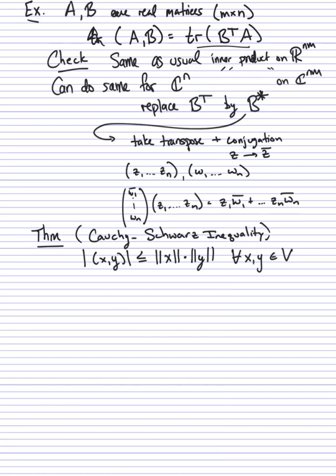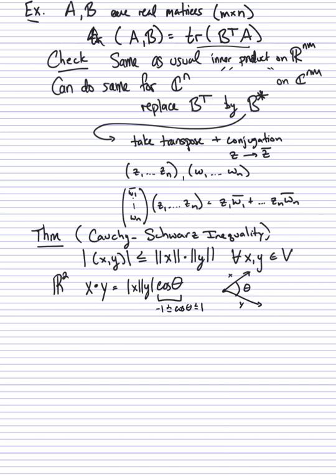You might have seen this before in R2 or R3 if you've seen the dot product. At least in R2, it's known that the dot product is the norm of x times the norm of y times cosine theta, where theta is the angle between the two vectors. All this is saying is that cosine theta is sitting between -1 and 1.